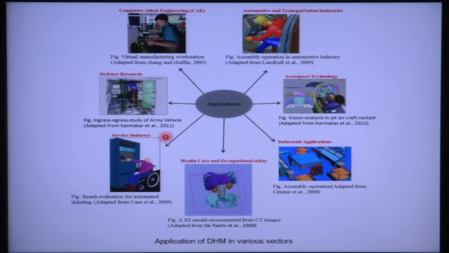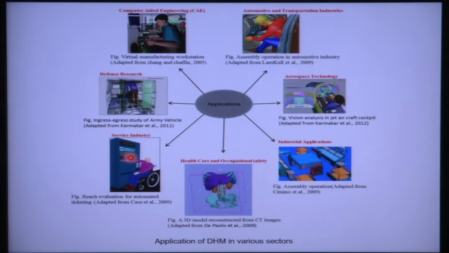In this slide, this is a representation that digital human modeling software is nowadays used in almost every occupational setup. It may be defense research, computer aided engineering, automobile assembly, aerospace technology, industrial application, industrial shop floor evaluation, healthcare application, or various types of service industry.